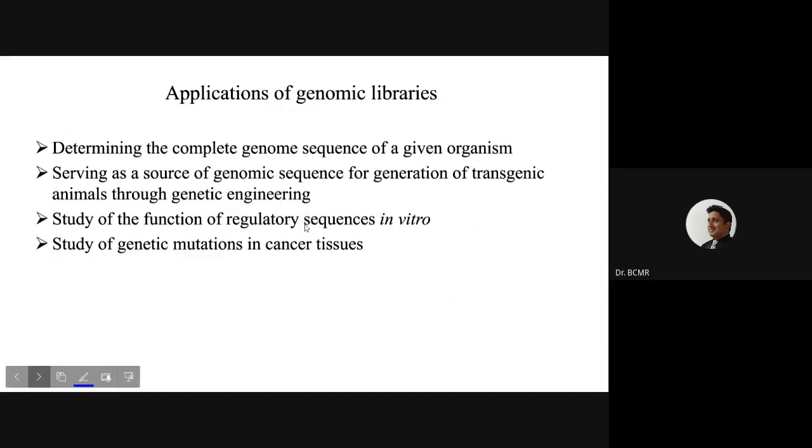So why are we doing genomic libraries? The first thing is to determine the complete genome sequence. Now things have become much easier. We don't have to go through the process of constructing genomic libraries.